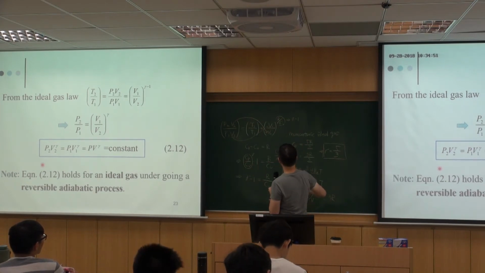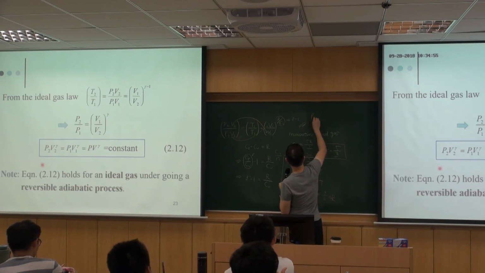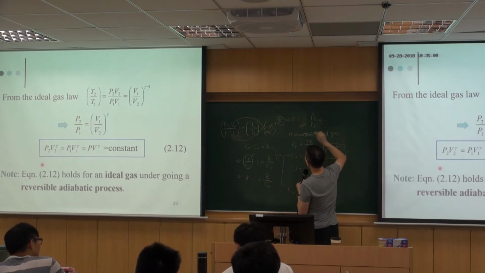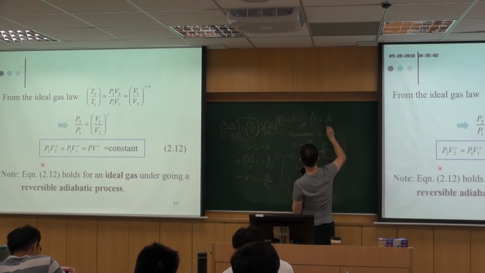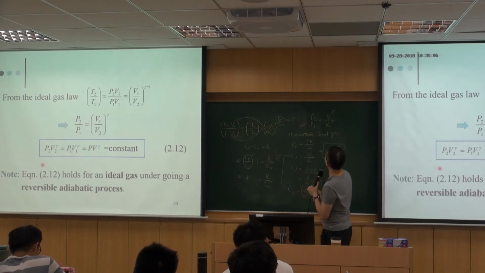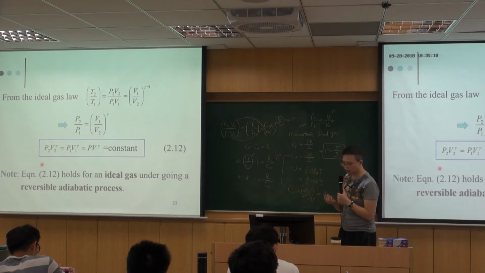So eventually, we will have P2, P1, V1, V2, say gamma. Right? It's the same as what we have on the slide.